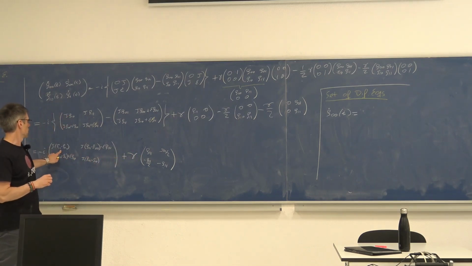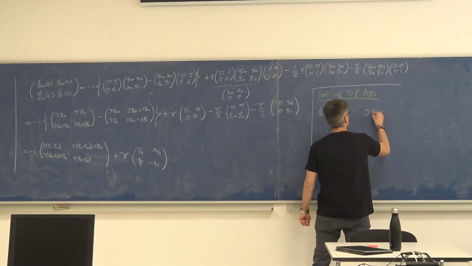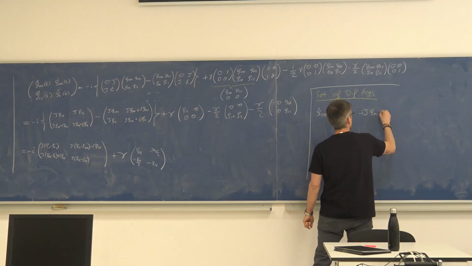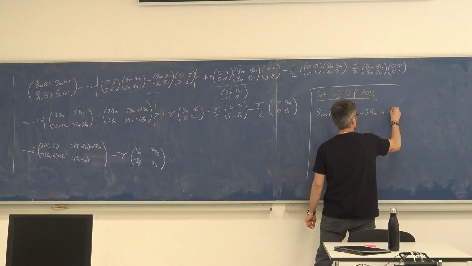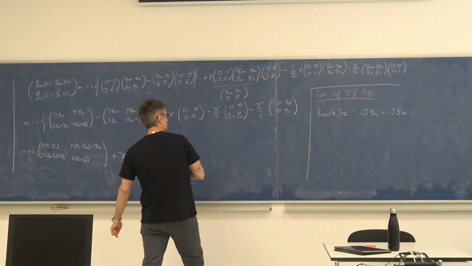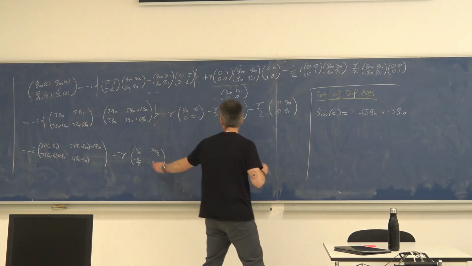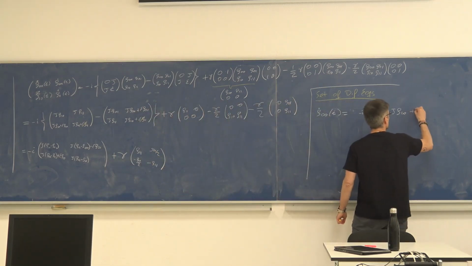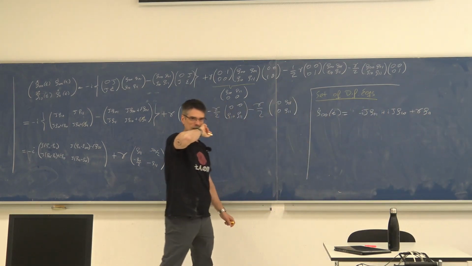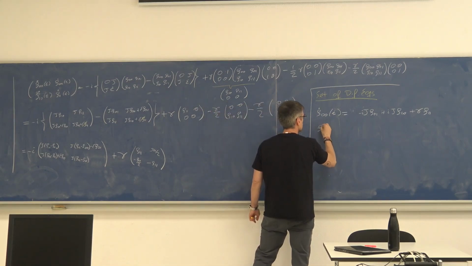From rho 0, 0 it does not depend. So it is j rho 0, 1 with the minus I plus, so, yes, plus I rho 1, 0, if I'm not wrong, because this minus multiplies here, okay, plus gamma rho 1, 1. I think, okay? You have more eyes than I do, so please.